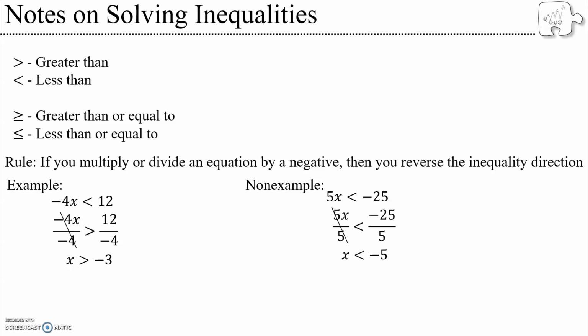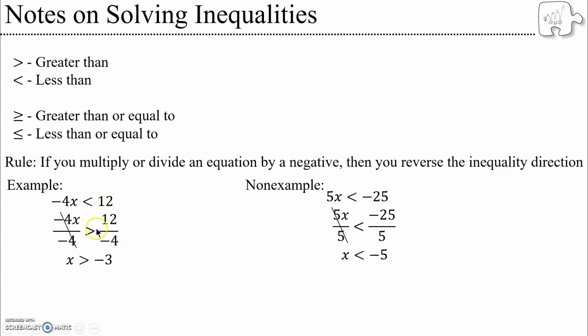Remember, there was only one rule while solving inequalities: if you multiply or divide by a negative, then you reverse the inequality direction. Like here, we're going to have to divide both sides by -4. Since we divide both sides by -4, we switch the direction of the inequality.